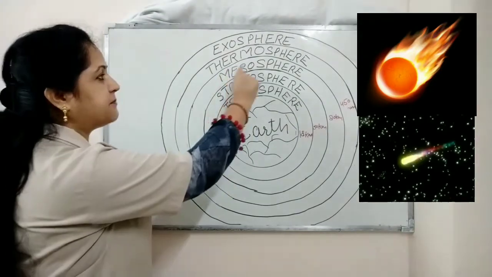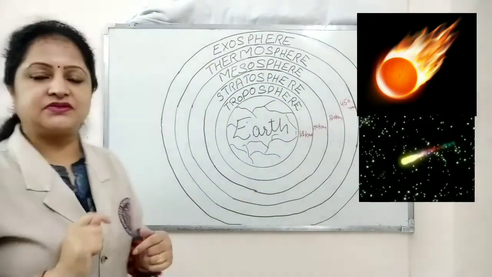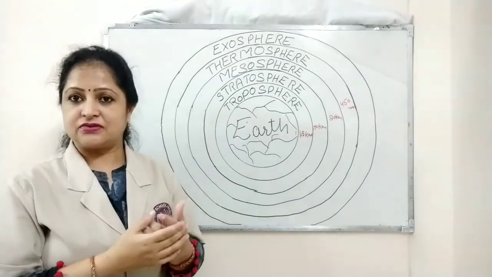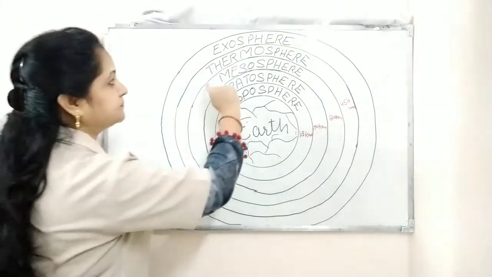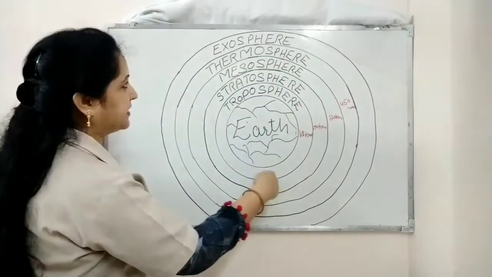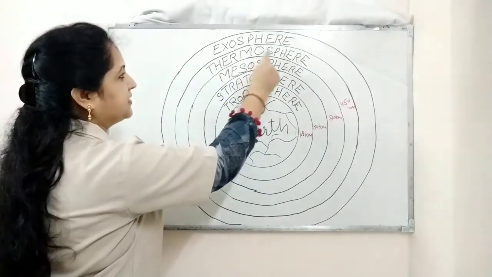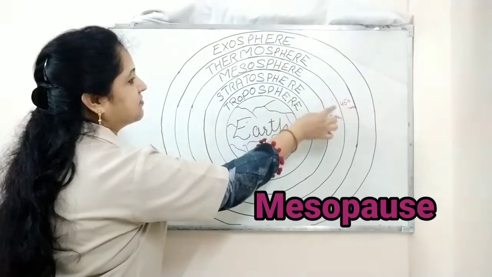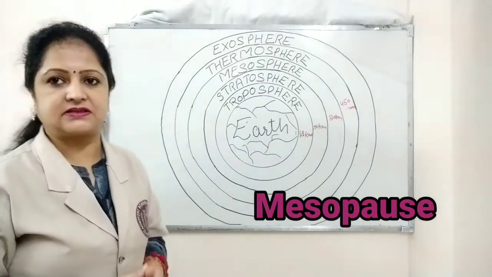The narrow zone that separates the mesosphere from the next layer, the thermosphere, is called the mesopause.